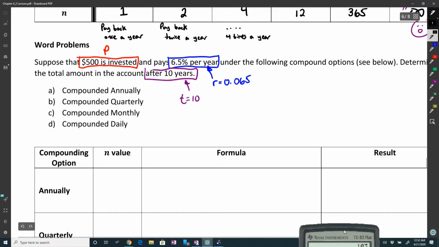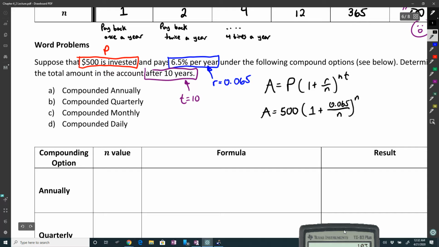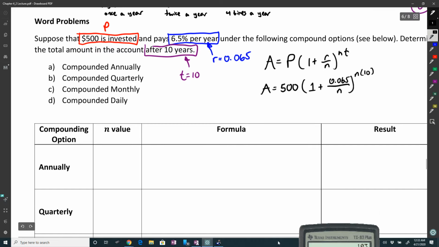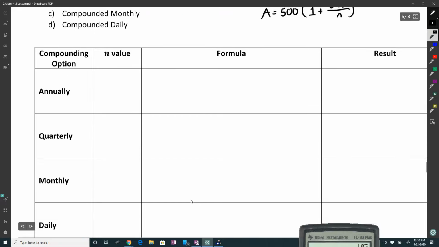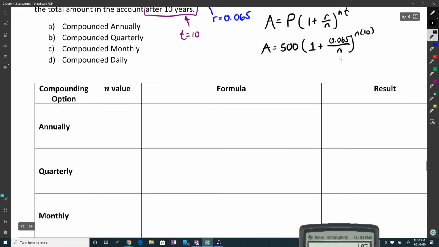So for my formula, I already have a lot of information filled in. I know that P is going to be 500. I know R is going to be 0.065. N, I don't know that yet. But this is going to be 10. And so all I'm doing from equation to equation is just changing what the value of N is.